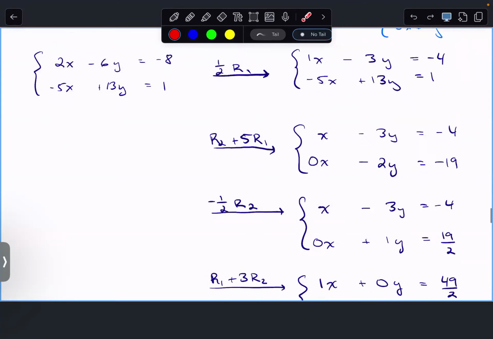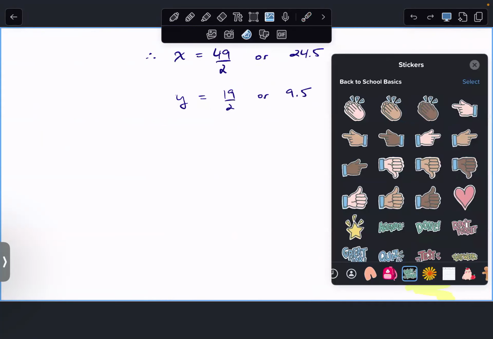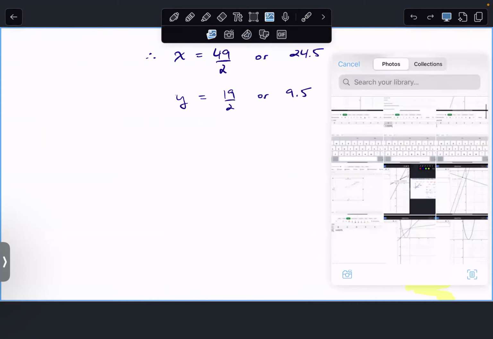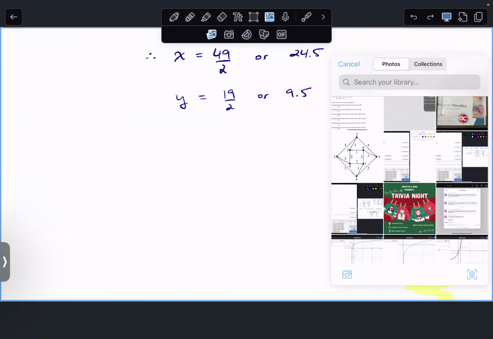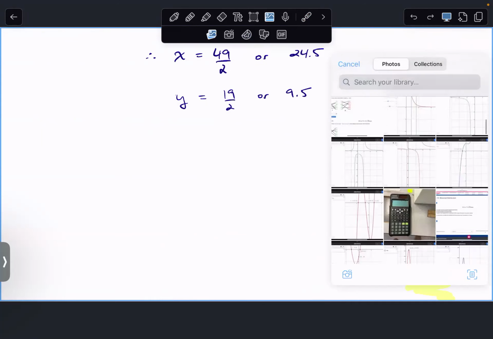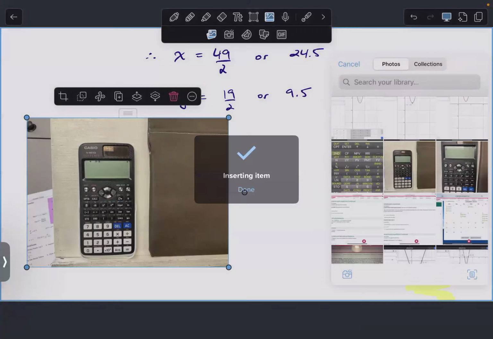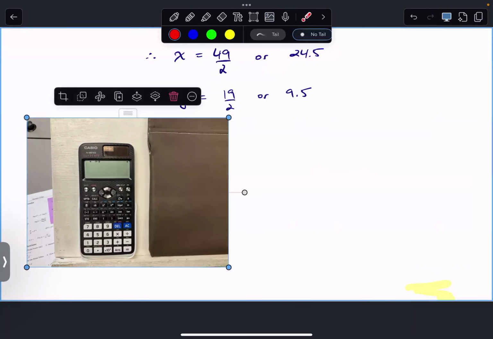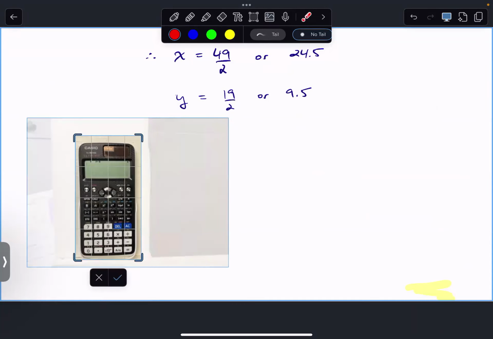Let's see here. Do I have a picture of my calculator handy? Okay, just gonna crop this up.